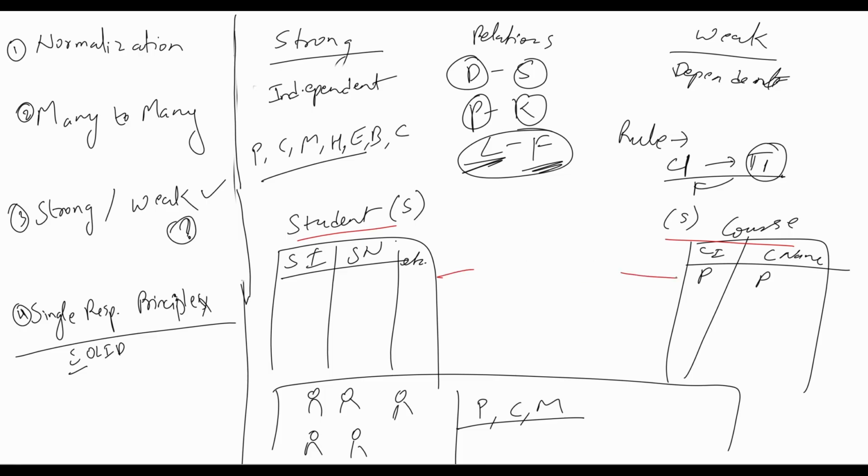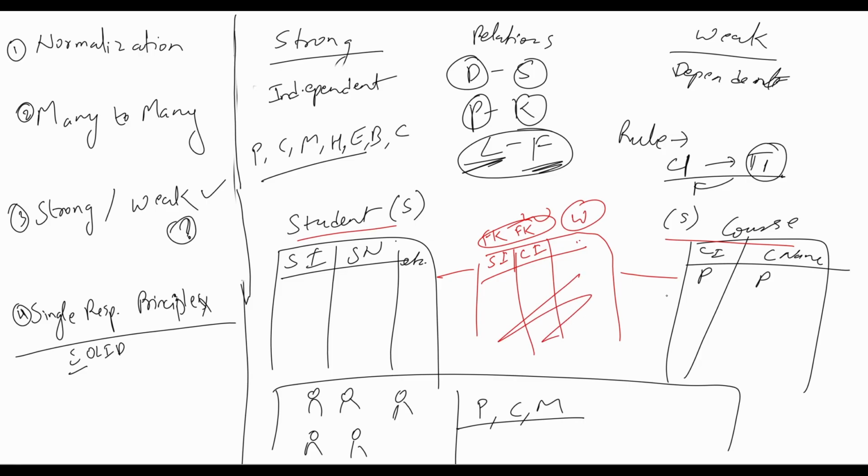But since they're like this, we create a weak entity. Okay, we create a weak entity which will be made using the IDs of these two strong ones as foreign keys, or you can say a composite key like that. But know that this entity is weak. This entity here is dependent on the existence of a course and the existence of a student.